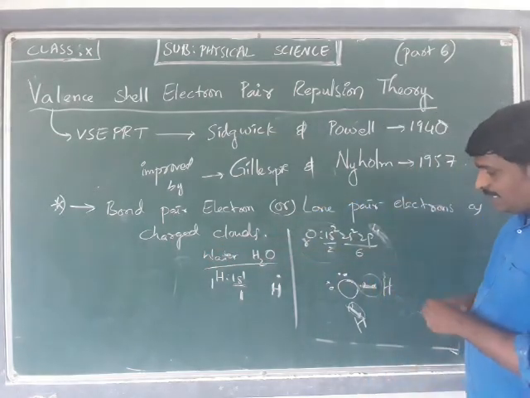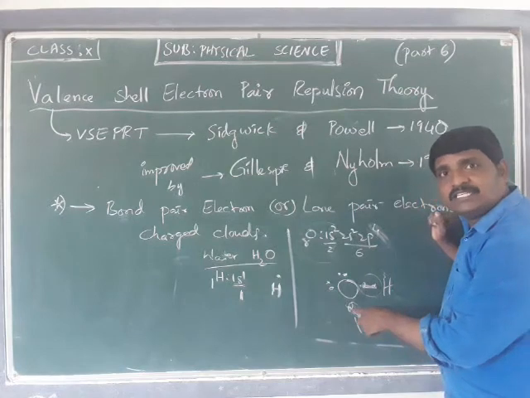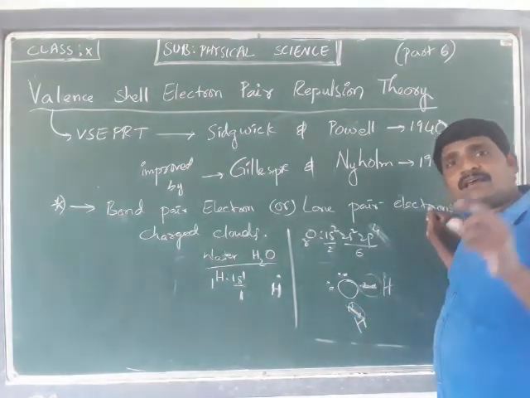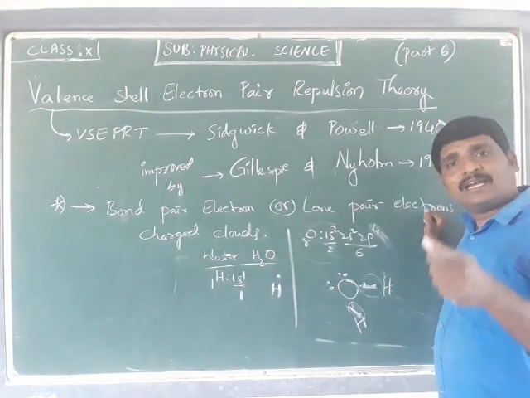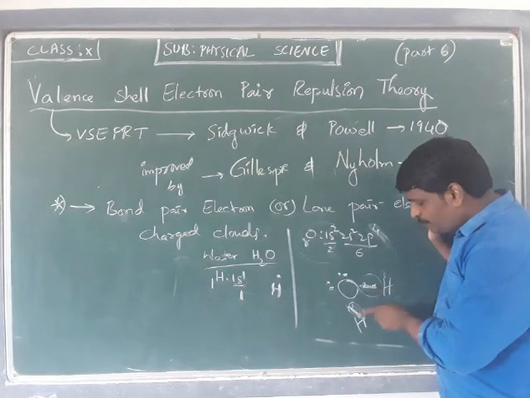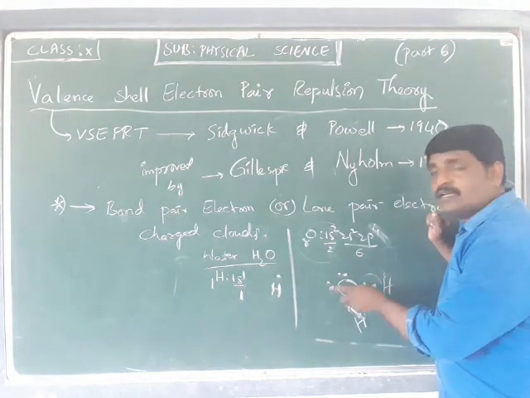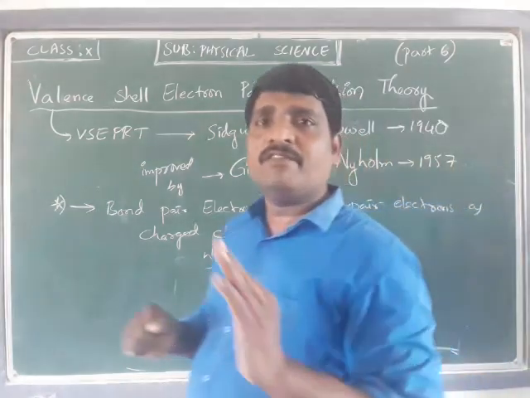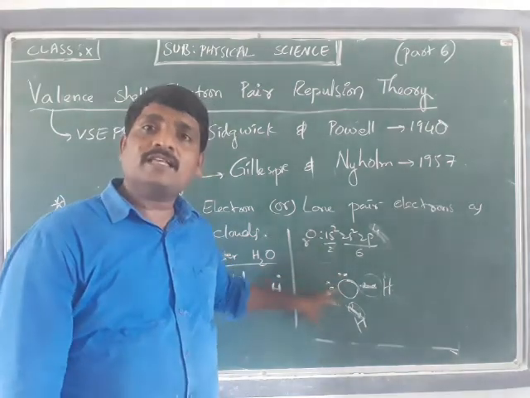In this case, try to understand, the electron pair which is responsible for the bond formation, we call as bond pairs, and the pair of electrons which are not part of the bond formation, we call as lone pairs.